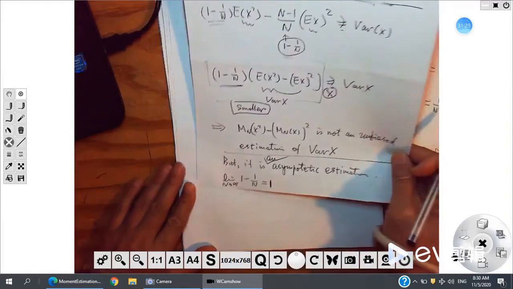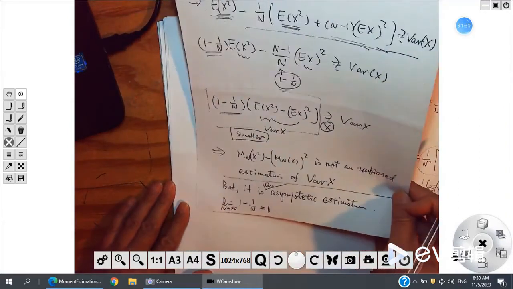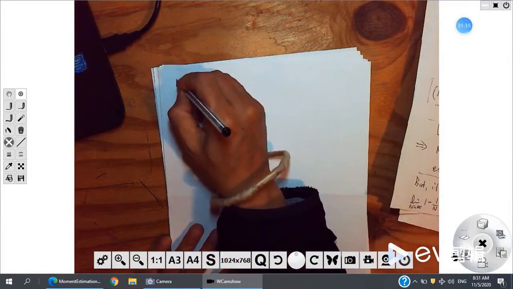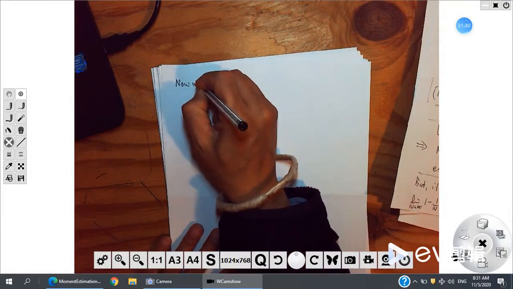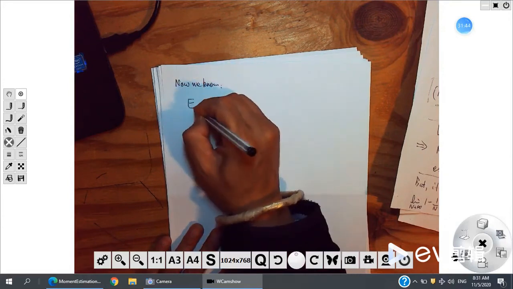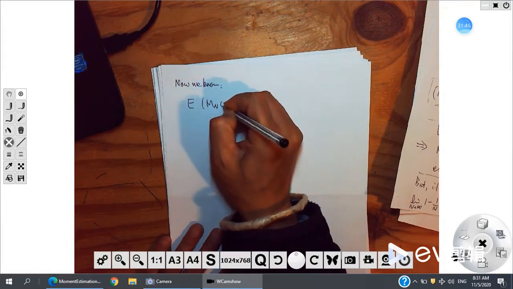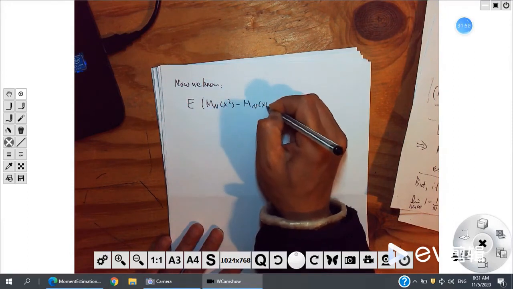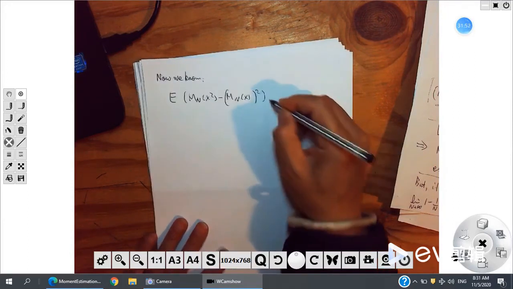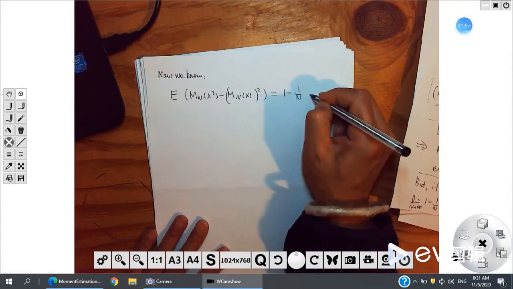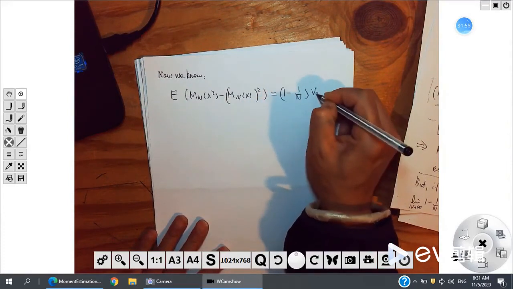Then we can build an unbiased estimation. Now we know E of mn x squared minus mn x squared equals 1 minus 1 over n times the variance of x.